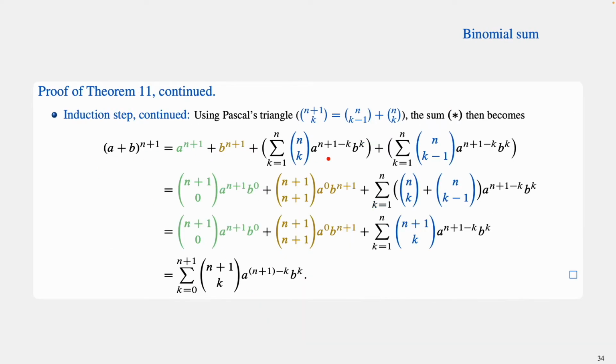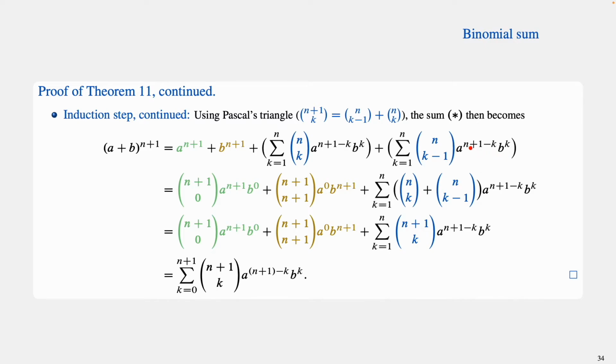So this was the last equation we had on the previous slide, (a plus b) to the power of n plus 1 being equal to a to the power of n plus 1 plus b to the power of n plus 1 plus the two sums here. And now what we observe is both of these sums go from k equal to 1 up to n, and we have the same exponents for a and b in these two formulas here.